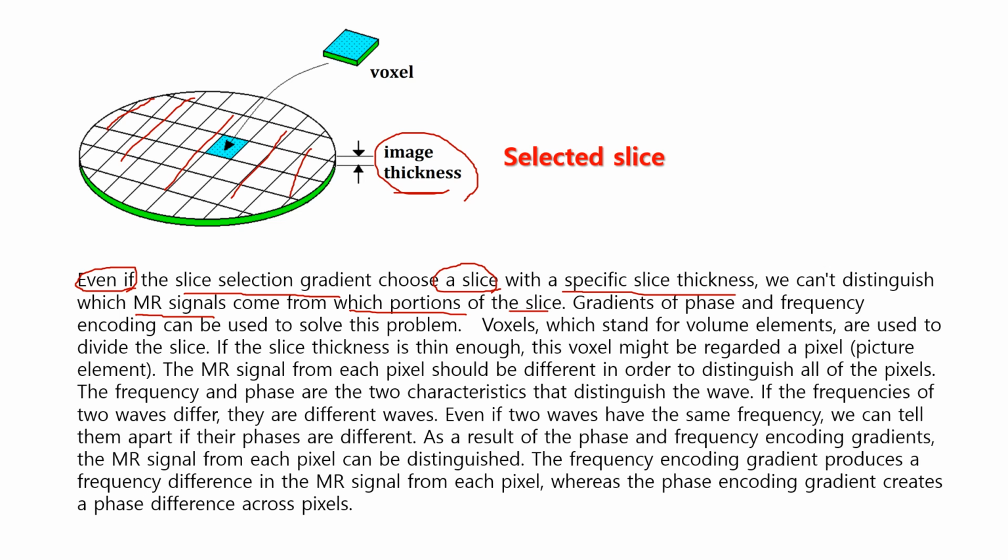We cannot identify them. So protons in the slice have the same Larmor frequency, and the MR signal they emit has the same frequency, so we cannot distinguish which portion of the slice the MR signals come from.